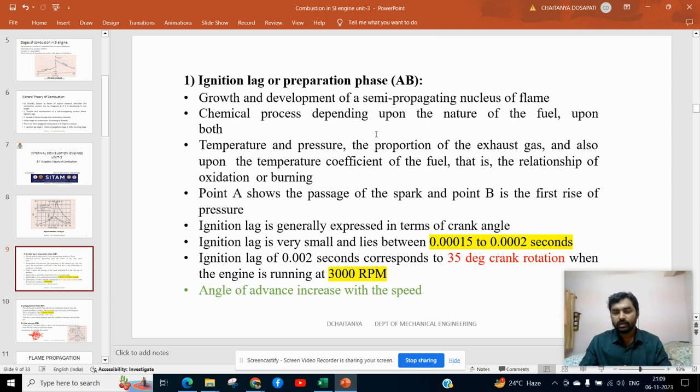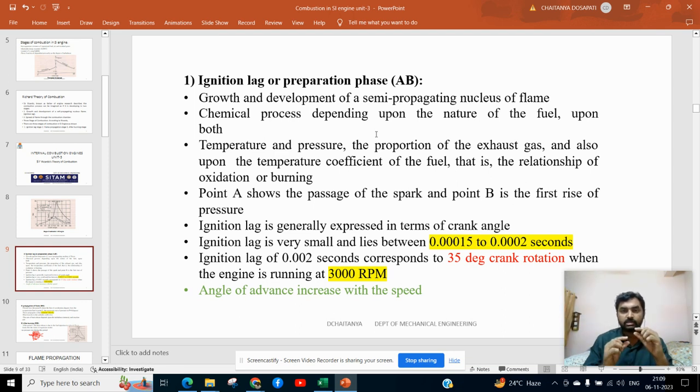Here only you will get the spark ignition when it is released from a spark plug. It all depends upon the opening and closing of the inlet and exhaust valves before reaching the fuel-air mixture.